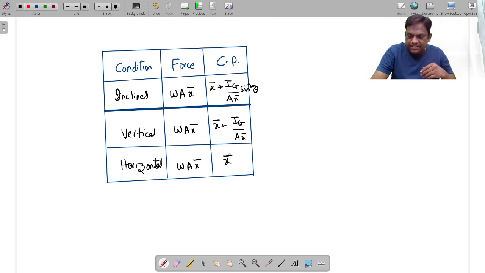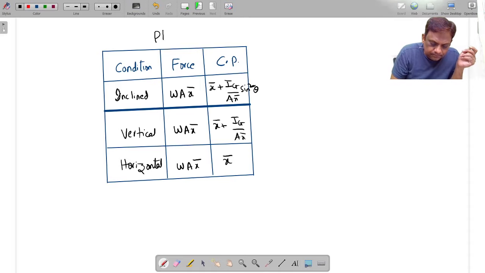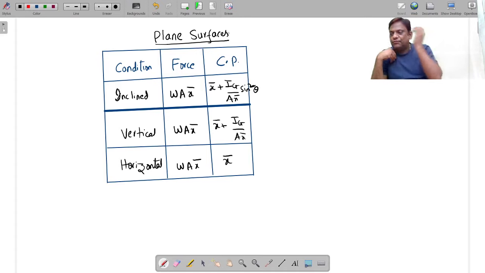But this is for plane surfaces. Single table, it's enough. This is for plane vertical surfaces.